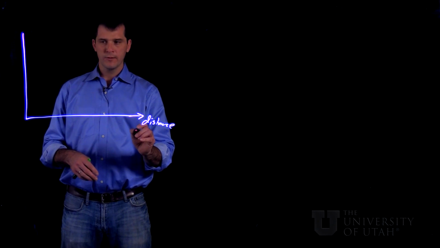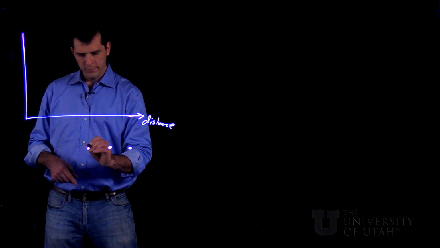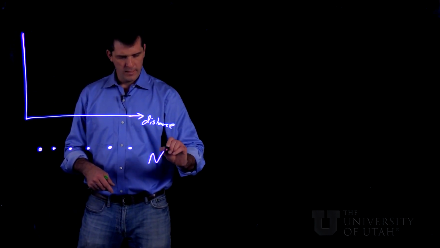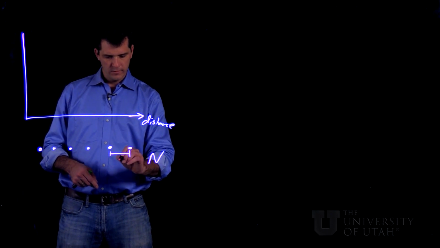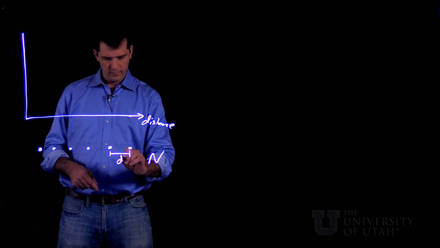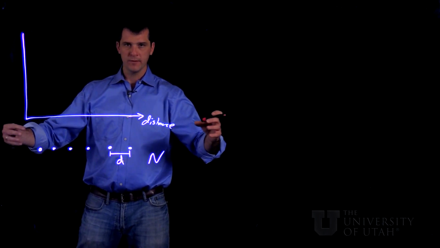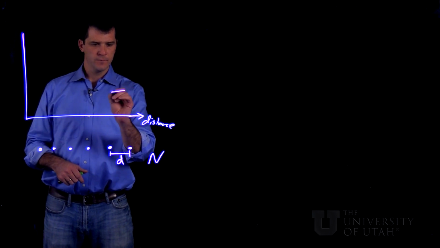So we're going to draw a schematic diagram now that represents what happens when you have a chain of atoms, n atoms long, and they're all separated by some distance d. And we're going to bring this chain of atoms together from infinite spacing down to d.